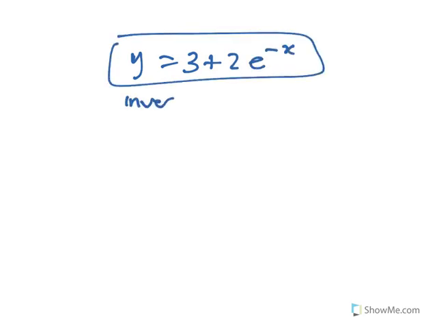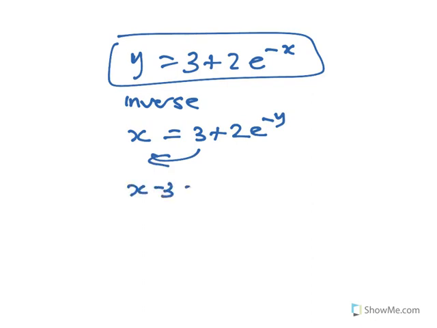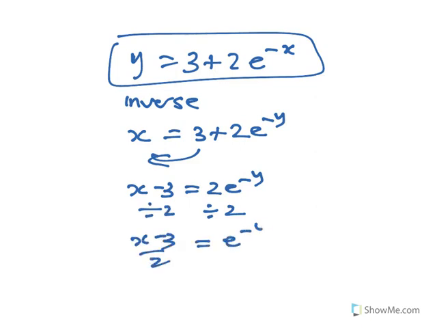Now if you're going back the other way and you had y equals 3 plus 2e to the minus x, to actually find the inverse, you swap the x's and the y's, and then you're going to make y the subject. So it's x - 3 is 2e to the minus y, divided by 2, (x - 3)/2 is e to the minus y, ln both sides, so it's (x - 3)/2 is ln e to the minus y.